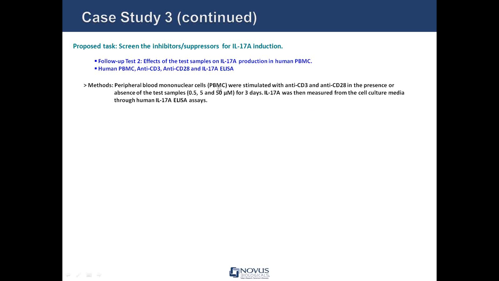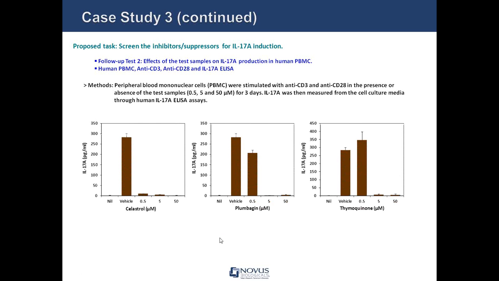When you stimulate PBMC with anti-CD3 and anti-CD28, the PBMC induce IL-17A. So when we checked the ELISA, indeed celestrol, promethazine, and thymoquinone suppress IL-17A production in PBMC.